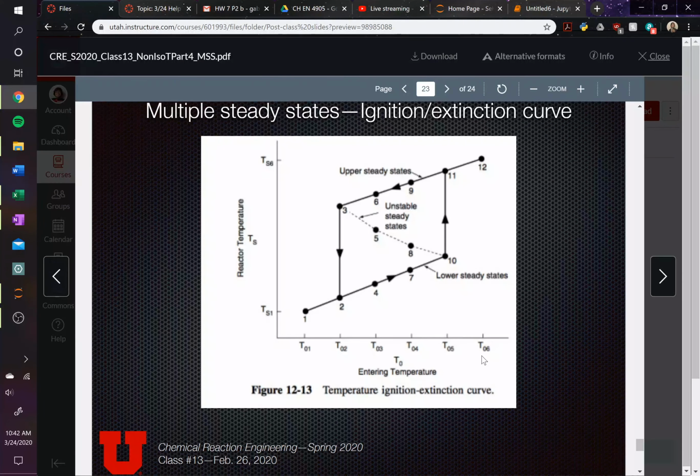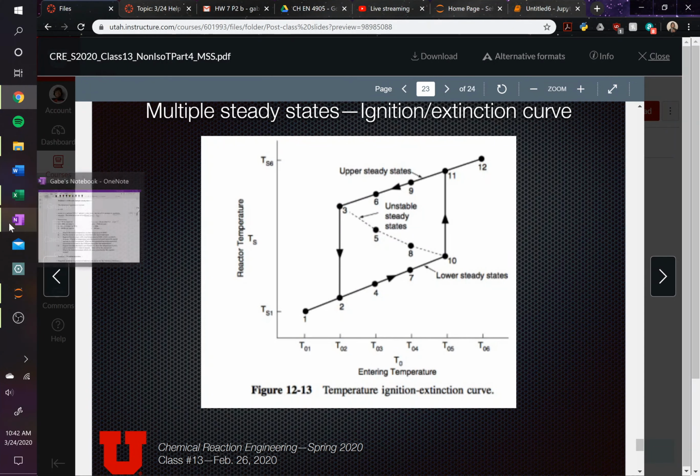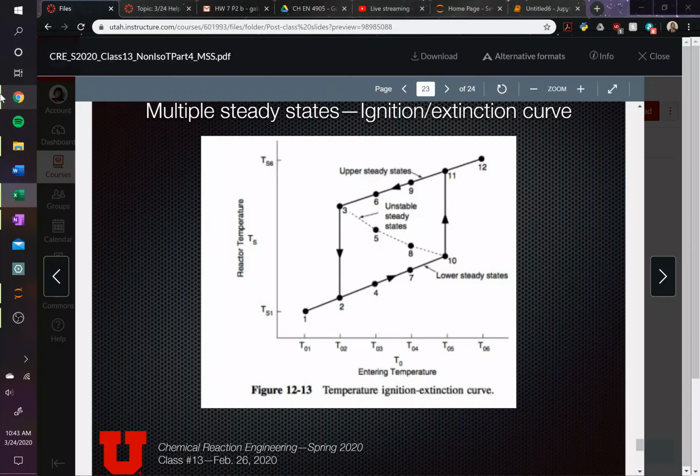We are going to be following this lower steady state branch up to a certain point, and then all of a sudden it's just going to increase. We're not going to be able to follow this lower branch anymore, and we're just going to shoot up to this upper branch. But that one can also decrease a little before it just shoots back down to this lower branch. And you're going to find that your graph is going to look very similar to that.